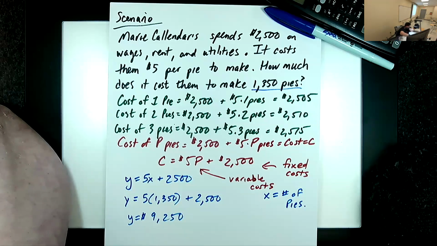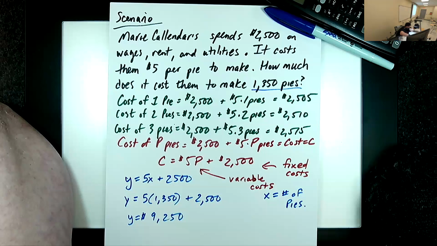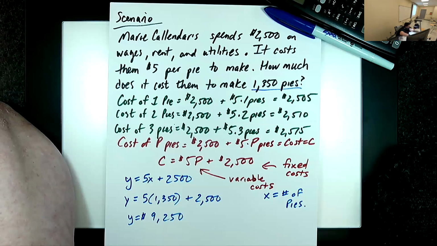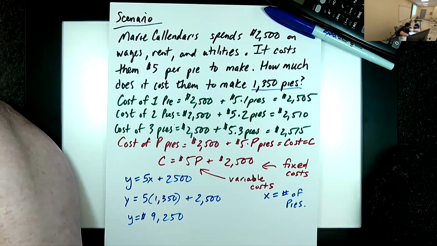Which costs, with gas prices now, about 29 cents a mile. And I'd like to get a Honda Civic Hybrid, and that costs about 11 cents a mile to drive. So you're saving about 18 cents a mile. The question is how many miles I gotta drive to make up the cost of the car?